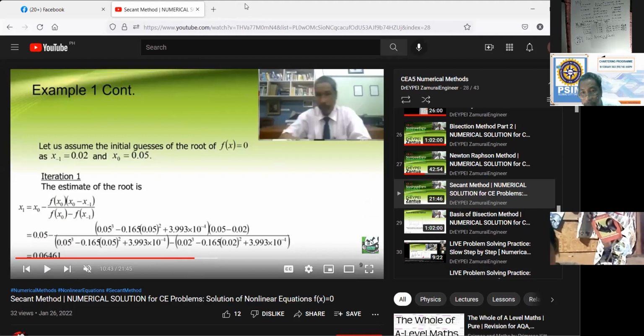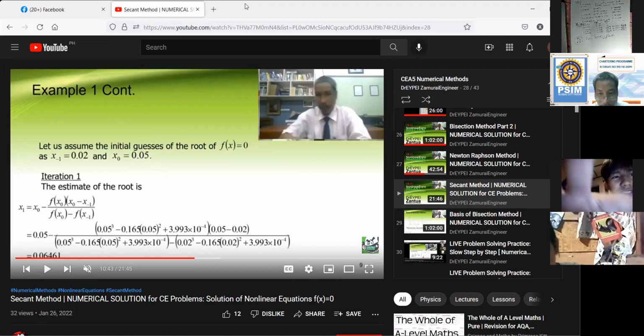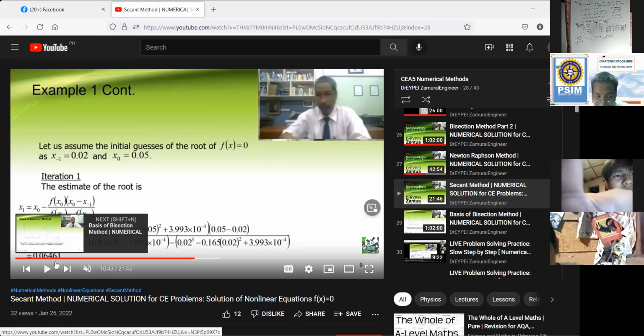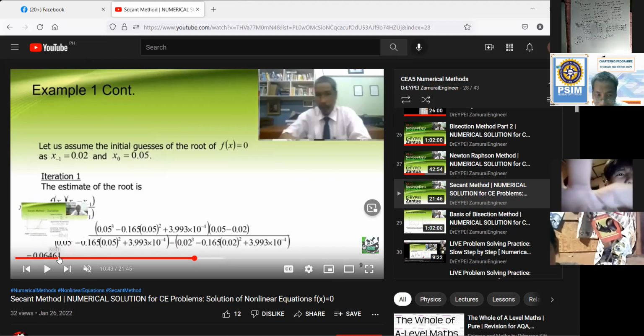What are the three methods? Bisection method, Newton-Raphson, and secant method. Secant method is the worst one, but there are also advantages for secant method. As you can see, the value of x is 0.06461, which is a little bit farther from the real answer.